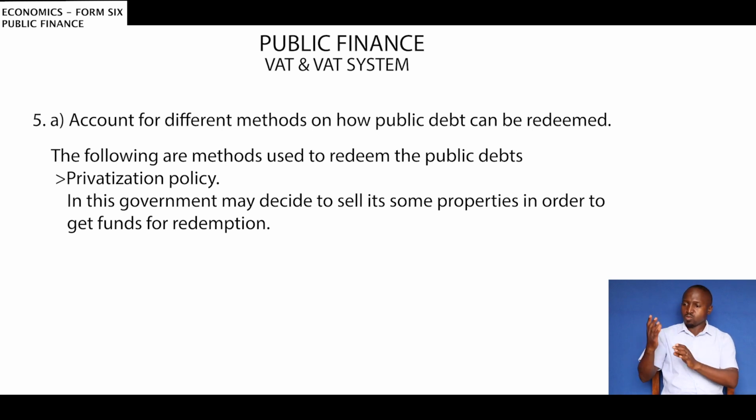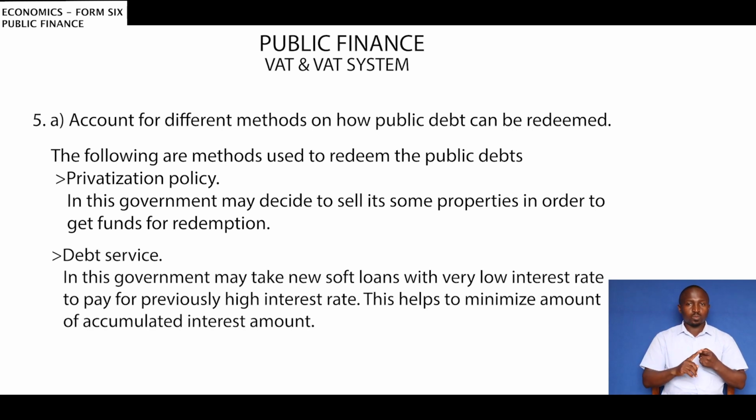Another way of redeeming is debt service. In this, the government may take new soft loans with a low interest rate to pay for previous high interest rate loans. This helps to minimize the accumulated interest amount.